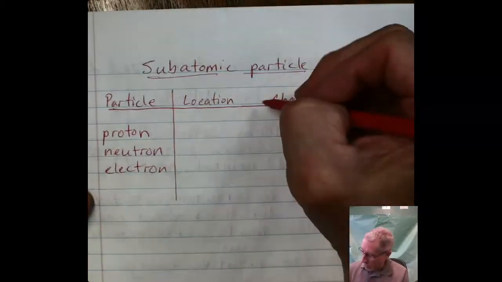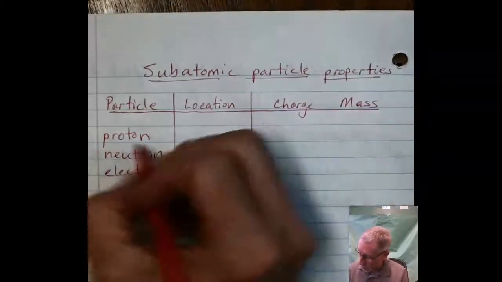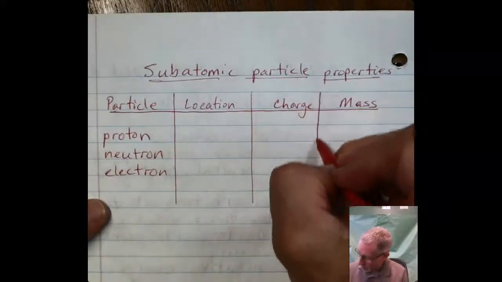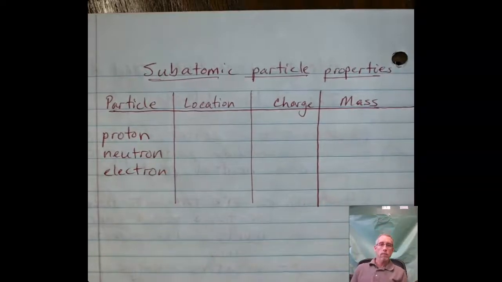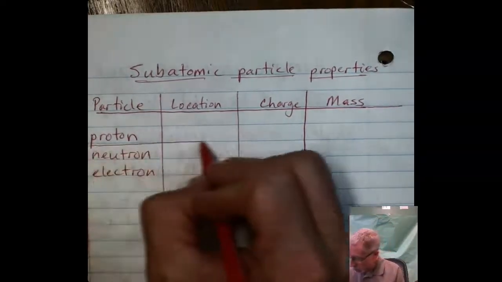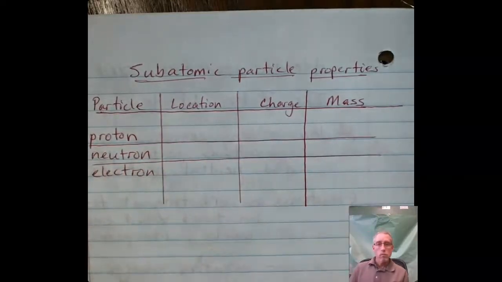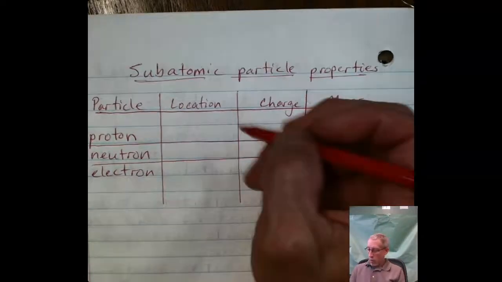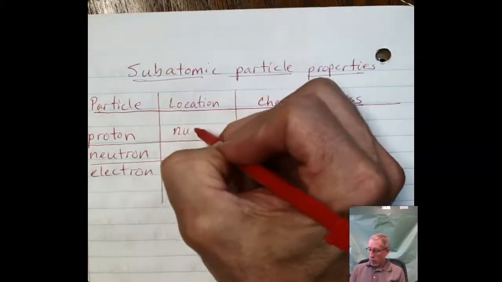And what we're going to write about it is the location of each one, the charge of each one, and the mass of each. Now, this is just a summary of what we described on the previous page. So the location of the protons and the neutrons are in the nucleus.